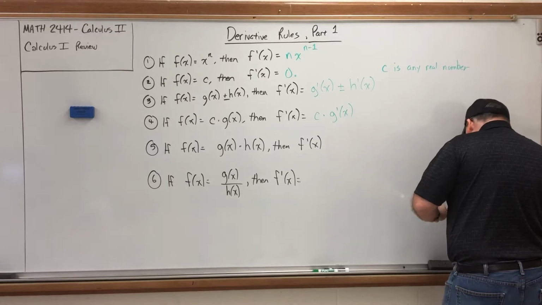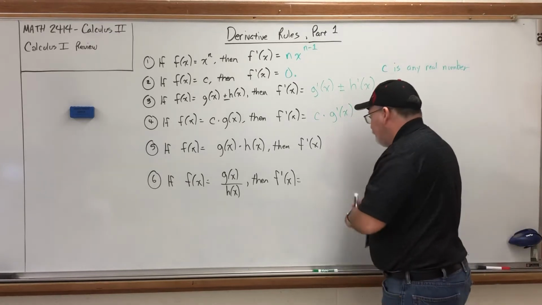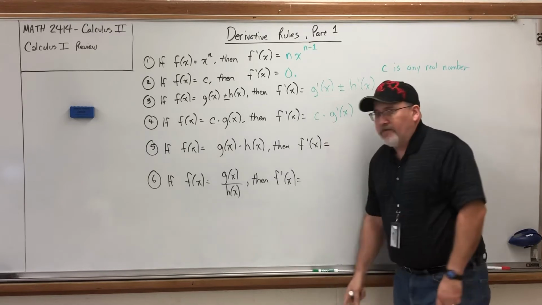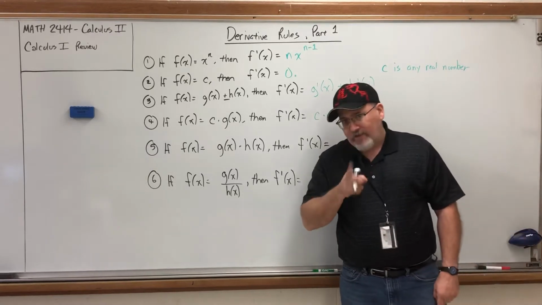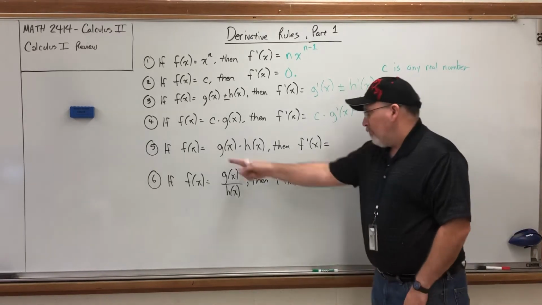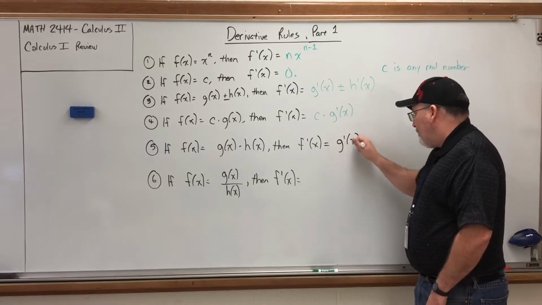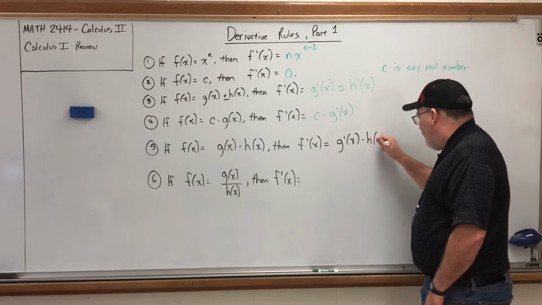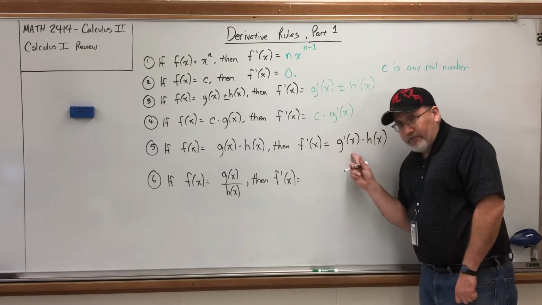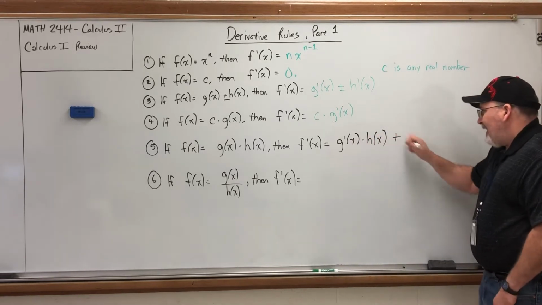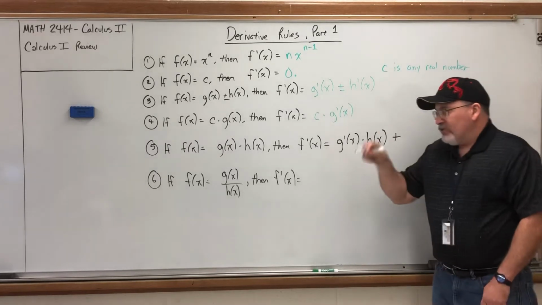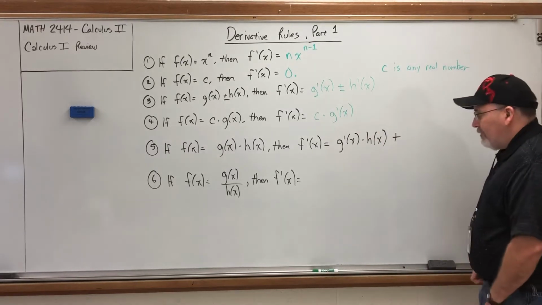And there's a lot of gimmicky ways for remembering the product rule. But essentially for the product rule, you just take the product of one factor at a time. For example, let's take the derivative of the first factor, g of x, so g prime of x, times the second function, so only take the derivative of the first one, and then you add to that the product by taking the derivative of the other half of it, but leaving the first half alone.